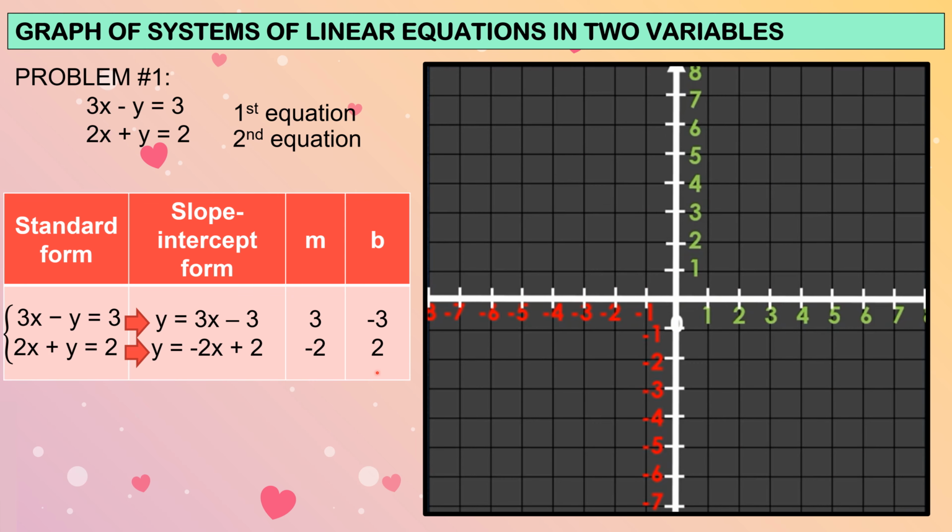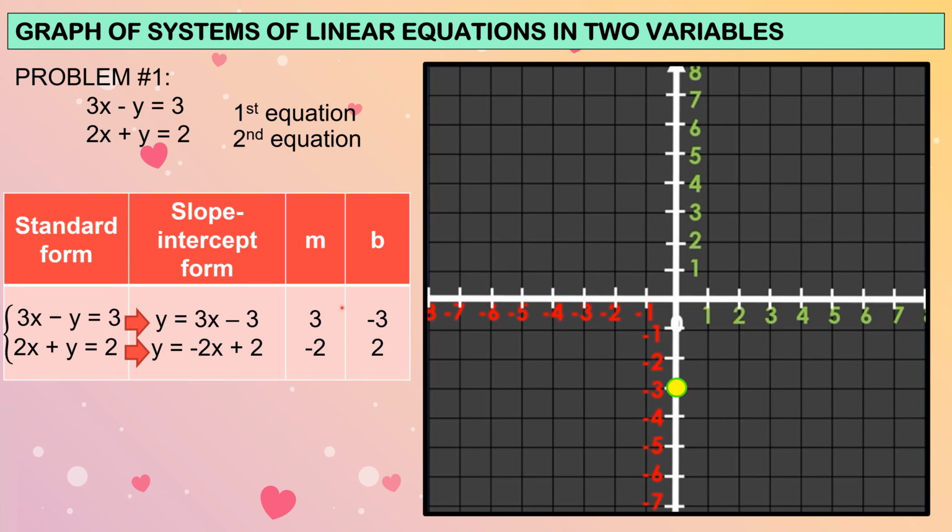Let's plot the points in the graph. Okay, so unahin po natin itong ating y-intercept. As you can see, here in our first equation, our y-intercept is negative 3. So, negative 3, dito po natin hahanapin sa ating y-axis. So, we will plot the point here.